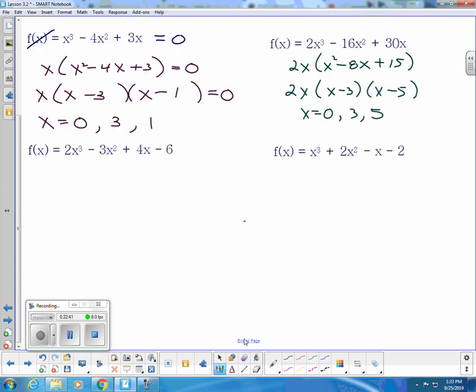Okay, this next one, it's 4 terms. When we talked about this the other day, we're going to split that in half and factor by grouping. So on the left side, my greatest common factor is x squared. And on the right side, my greatest common factor is a 2.